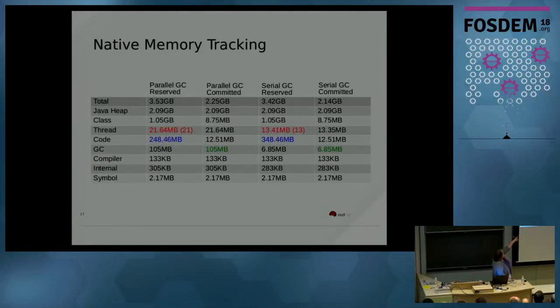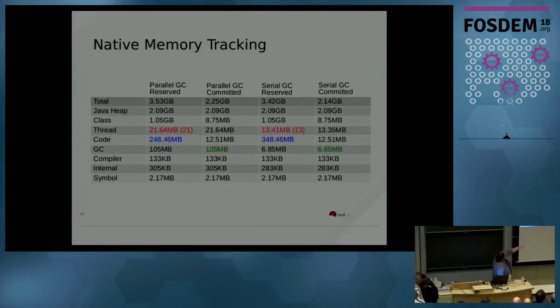But you can see that parallel GC has more threads, so it uses more thread memory, which makes sense. It didn't at first, but when I looked at it, okay, that makes sense. The GC internal data structures are different sizes. So parallel GC has more data structures. They're about the same in committed.